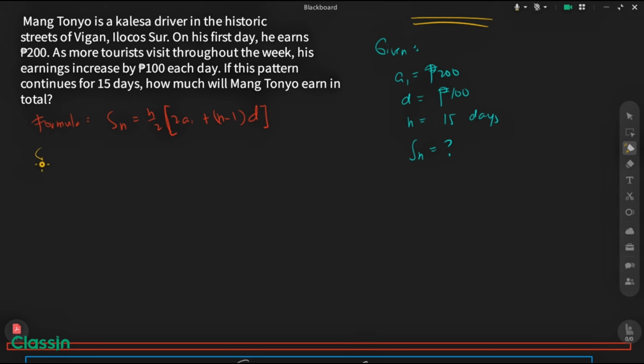Let's substitute all the given. So this will be S sub 15: 15 divided by 2, and then 200 plus 15 minus 1 times the common difference, which is 100.